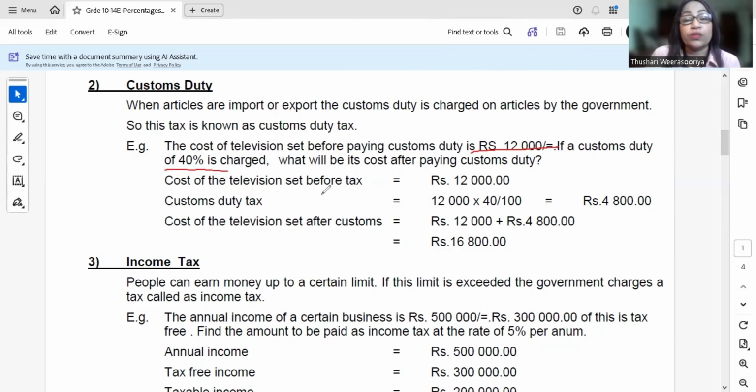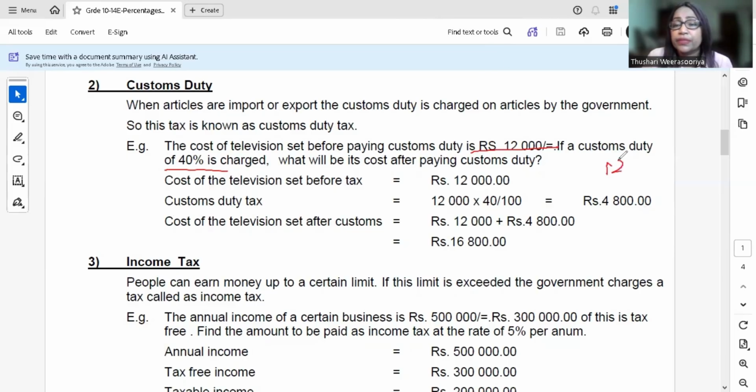What will be the cost after paying the customs duty? Right? Now, even though you have a lot of types of taxes, we do the calculation the same way. That's why this part is very easy.